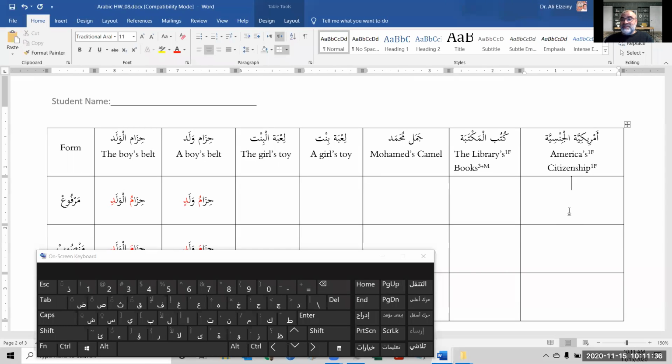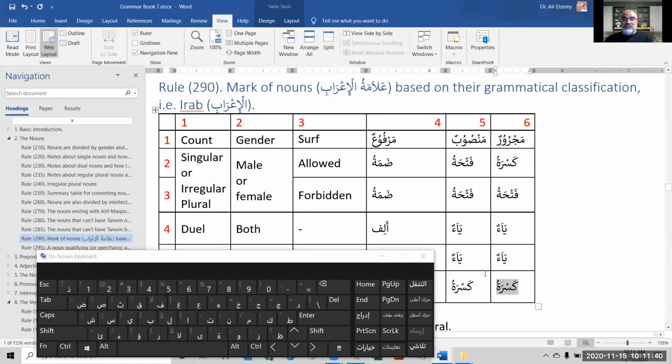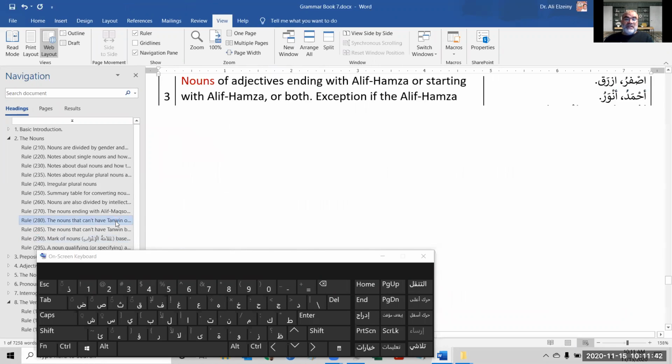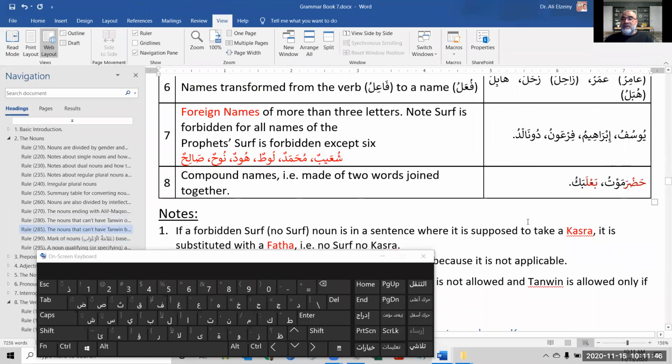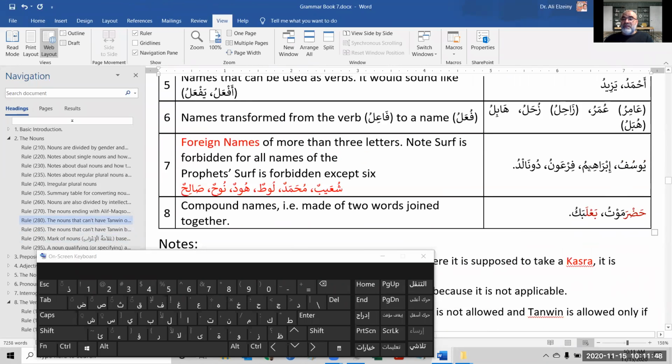Why? Because that's a foreign name. Go back here. We see that sarf is forbidden because it's a foreign name, like Yusuf, Ibrahim, Fir'aun, Donald, Trump, any foreign name. Sarf is forbidden. You can't have tanween or kasra, period.